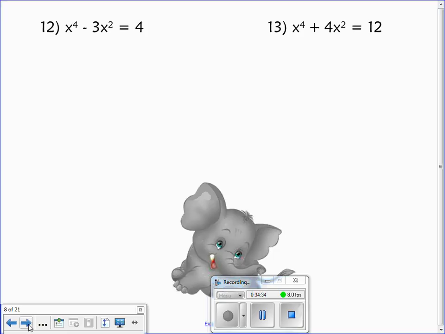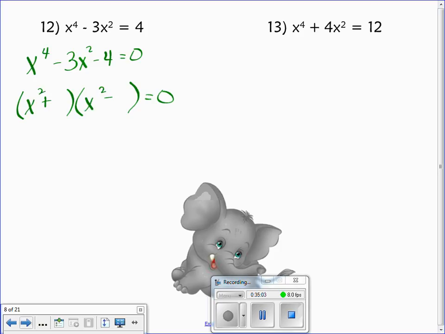So number 12, what do you do first? Subtract the 4. All right. GCF? No. Good. I cannot take out a GCF, so I've got to try to just factor them. Signs? Right. Plus minus. Options for x to the fourth? x squared, x squared.